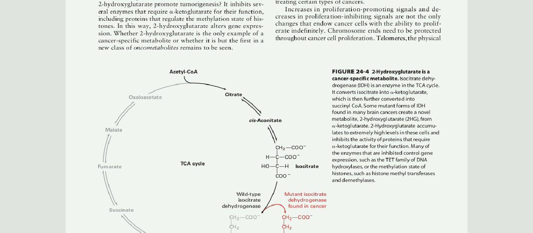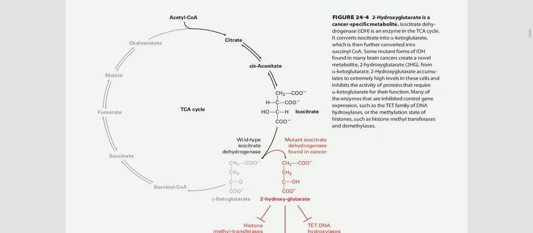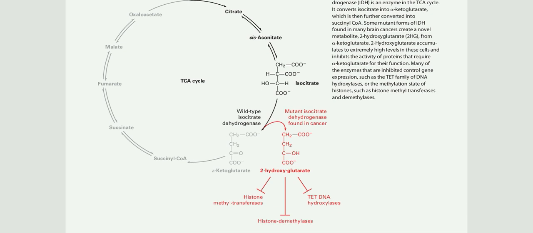So we could see acetyl CoA is there that will form citrate. This is aconitate and isocitrate. Then wild type isocitrate dehydrogenase, and mutant isocitrate dehydrogenase found in cancer. That will lead to 2-hydroxyglutarate. Then histone methyltransferase will not be functioning after that.